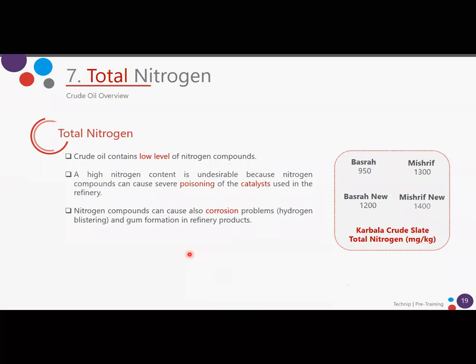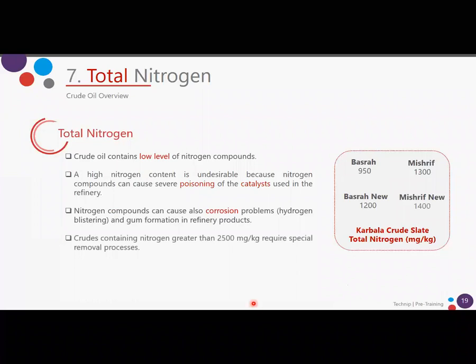The nitrogen compounds can also cause corrosion problems, such as hydrogen blistering and gum formation in the refinery process. Hydrogen blistering refers to the formation of surface planar cavities, called hydrogen blisters, in a metal. These result from excessive internal high hydrogen pressure, and this is caused by nitrogen compounds.